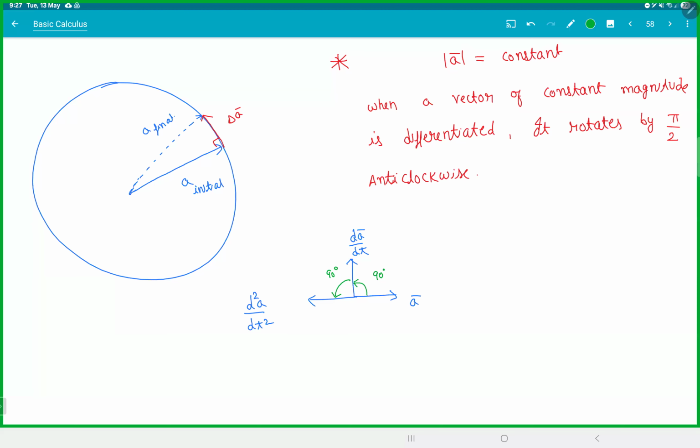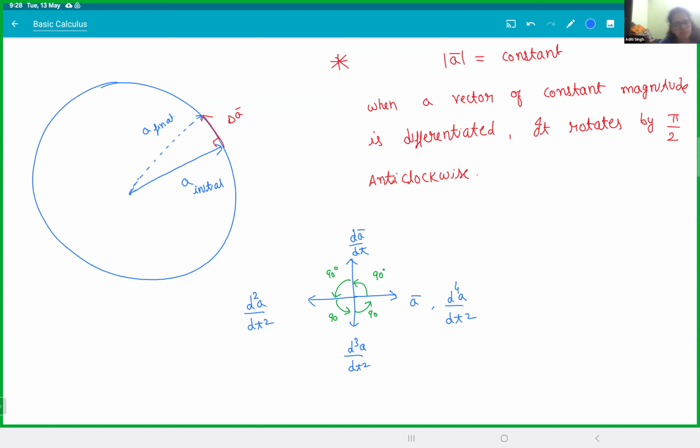Differentiate again, d cube A by dt cube, it again rotates 90 degrees. If you differentiate again, you'll come back to the same place, so this becomes d power 4 A by dt power 4.